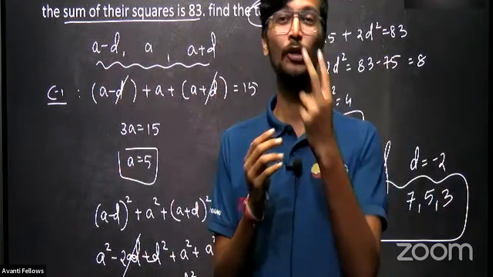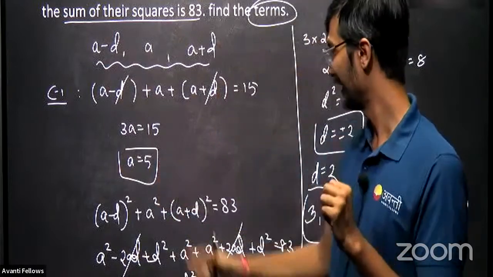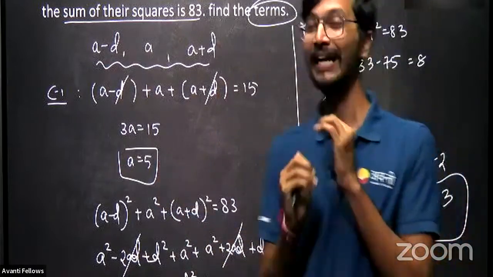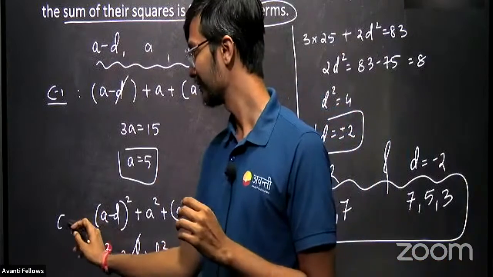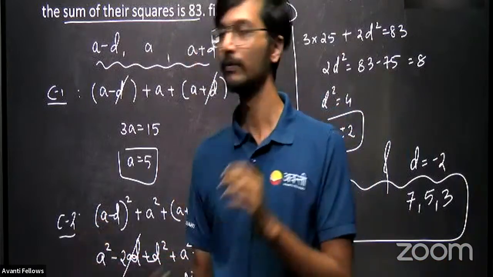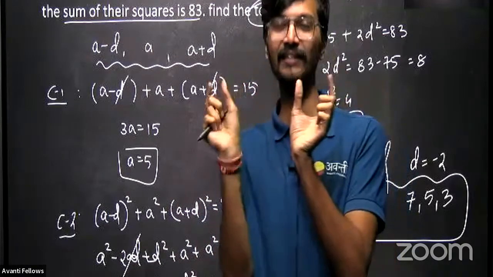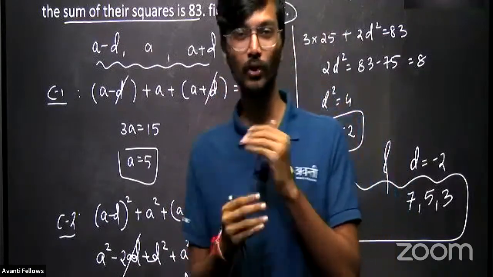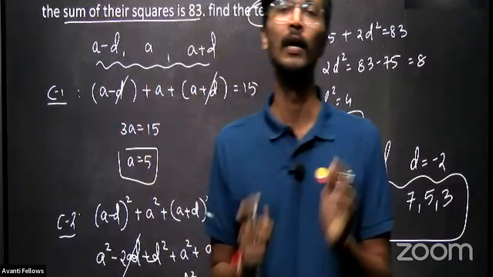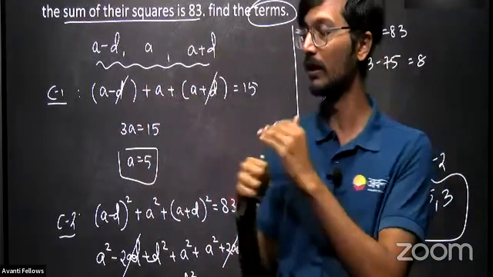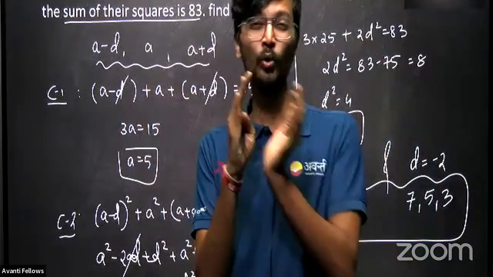So I needed two equations, the first and the second. So I got two conditions, condition 1 and condition 2, from the question and solved it. So always look for such hints so that we know how to solve and where we are going while solving. Because as we move forward, the calculations will become more tedious.